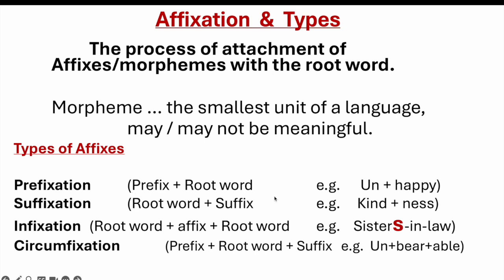So this is the example of prefixation. Suffixation, here root word comes first, and after root word there is a suffix. Here we have example kindness. Kind is a root word.